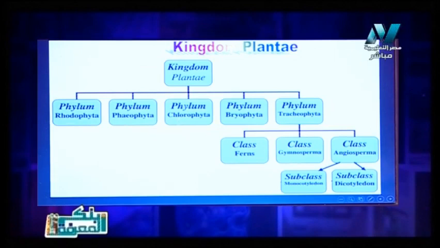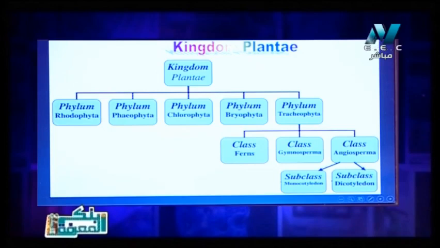These include the types of algae. And as we said, algae live inside water, so they live in a simple way. They have simple structure, and all of them contain chlorophyll.